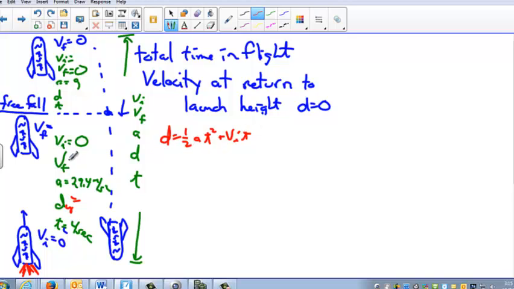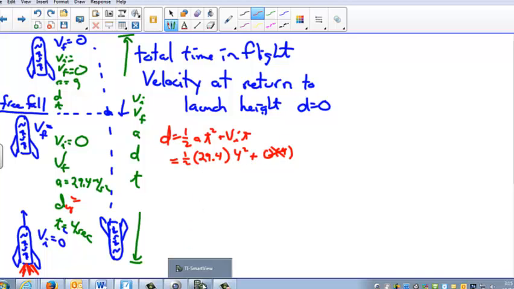That's the formula that doesn't include final velocity, since I don't know what that is. So substituting my values, 1/2 times the acceleration of 29.4 times the time of 4 seconds squared, plus an initial velocity of 0 times 4 seconds. That is obviously 0, since the initial velocity was 0.